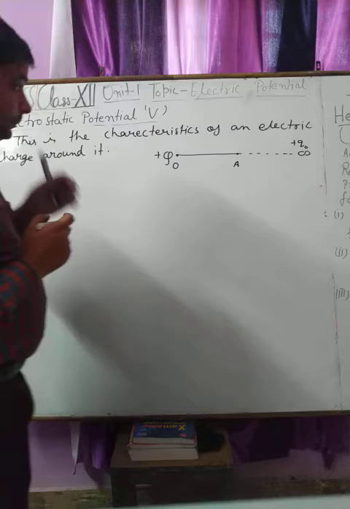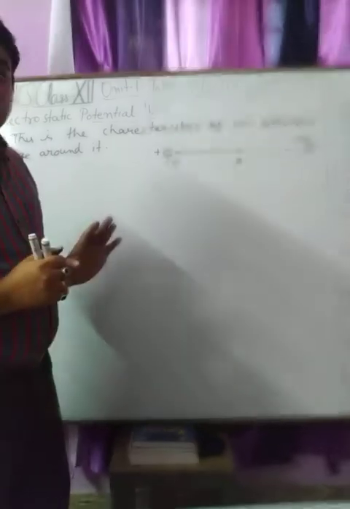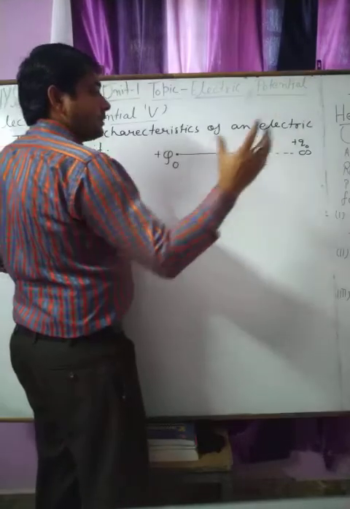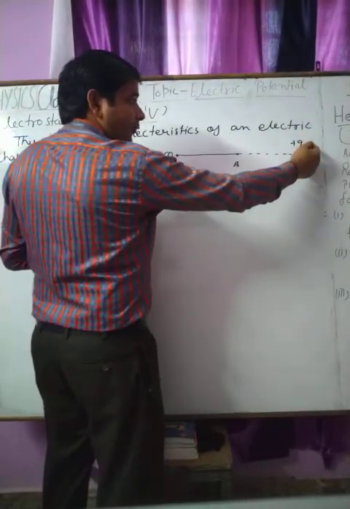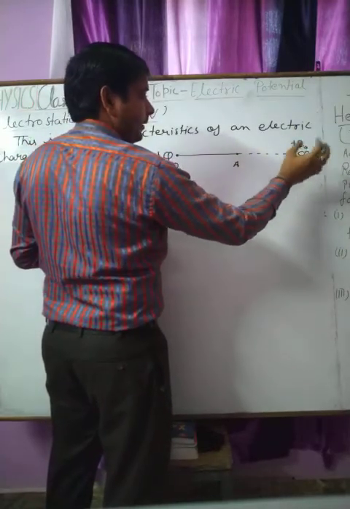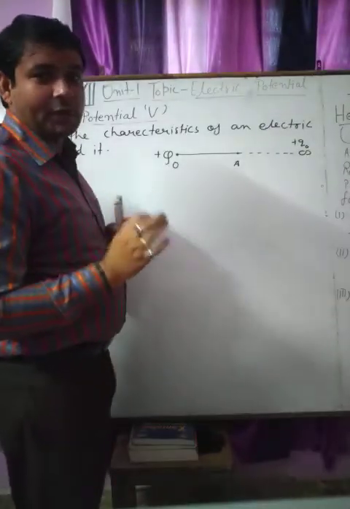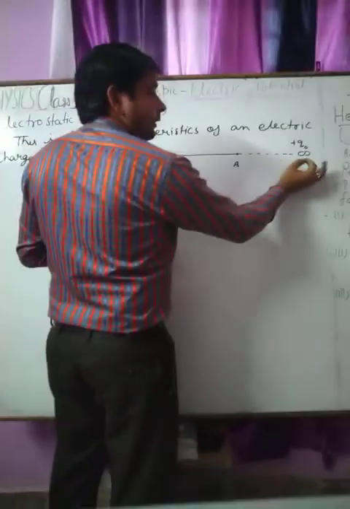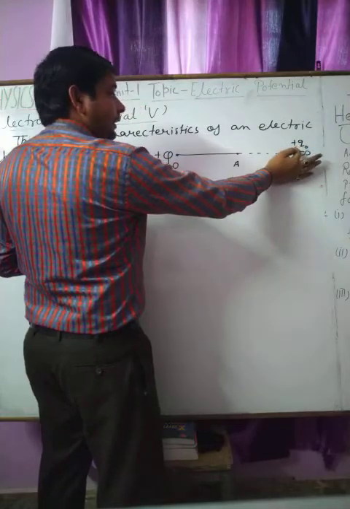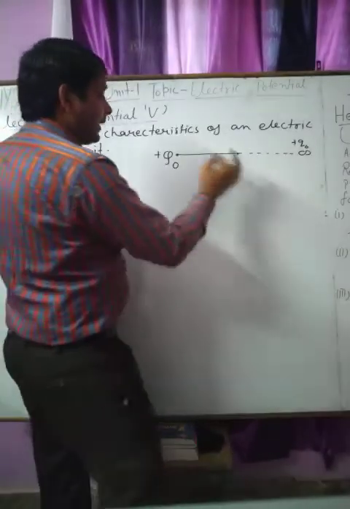Okay, now the electrostatic potential around this charge is understood in this way. Suppose an external force is applied on this Q naught, the positive test charge, and we consider the work done by that force to bring it into the field of this charge.